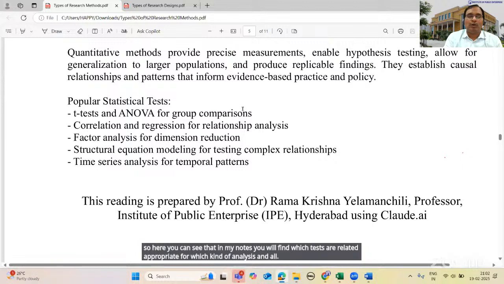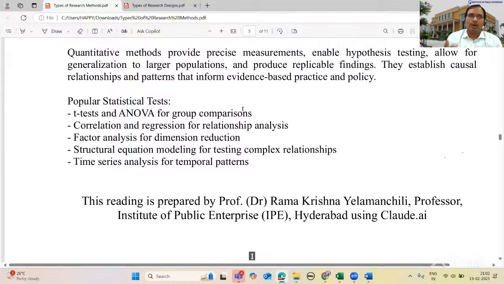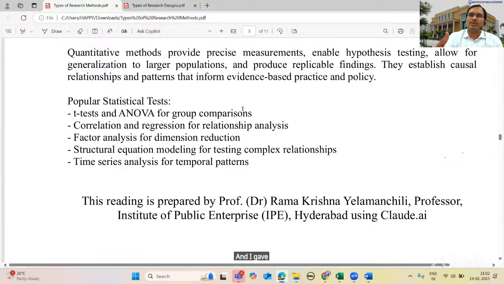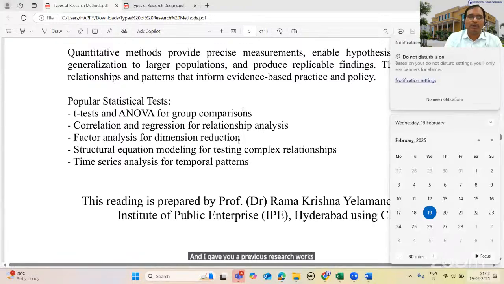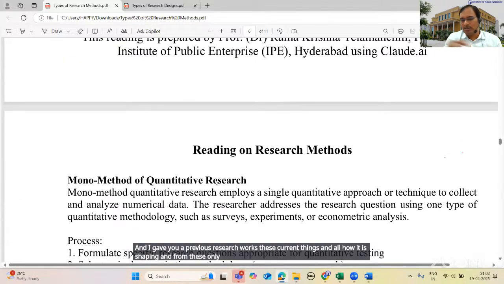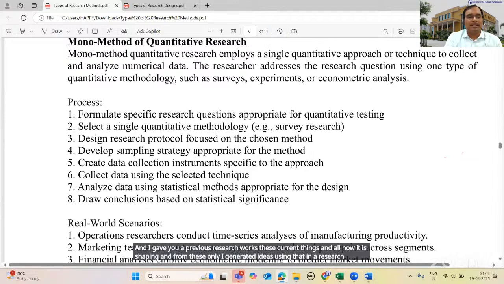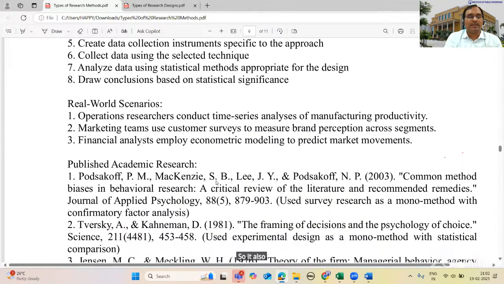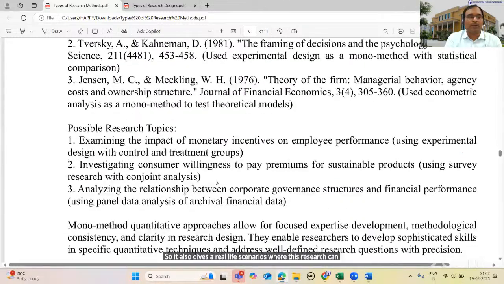I hope you have gone through this. If not, after this session, spend some time on both the PDFs which I sent you this morning, understand how this has been structured. I gave you previous research works and current things, how it is shaping. From these only, I generated ideas for a research design and explained the things. It also gives you real life scenarios where this research can be conducted.